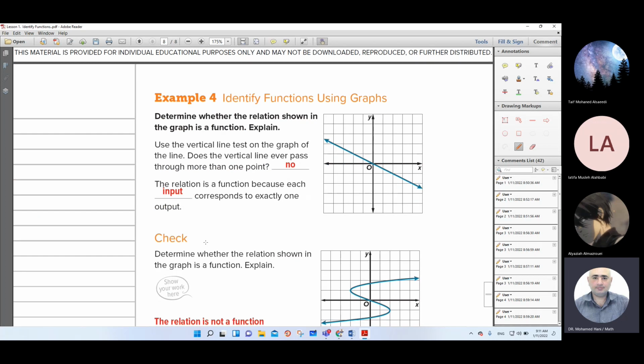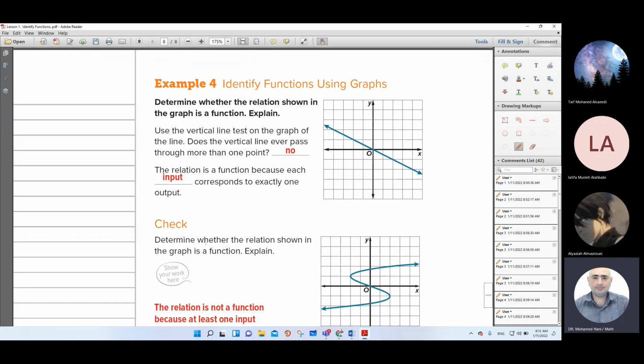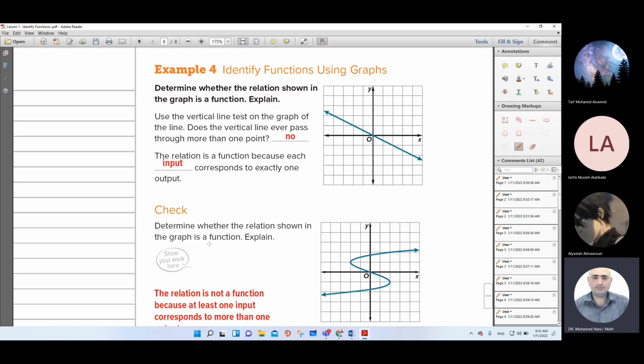Identify functions using graphs. Determine whether the relation shown in the graph is a function, and explain. So as you see in this graph, use the vertical line test. On the graph of the line, does the vertical line pass through more than one point?